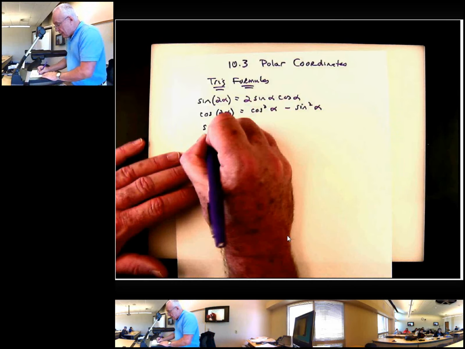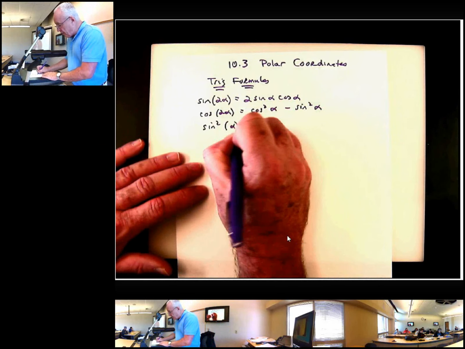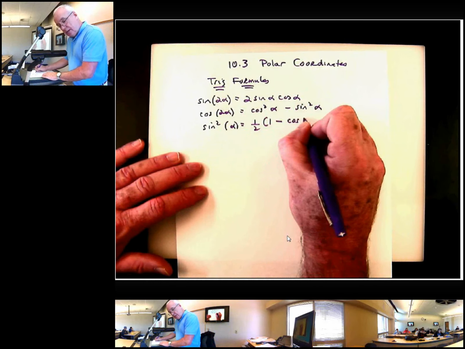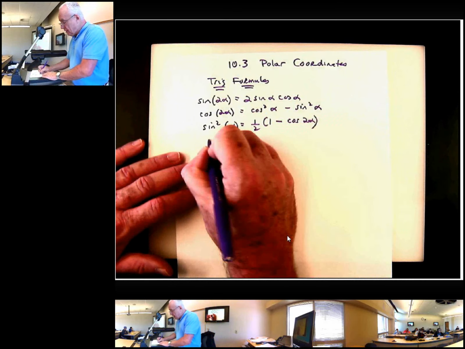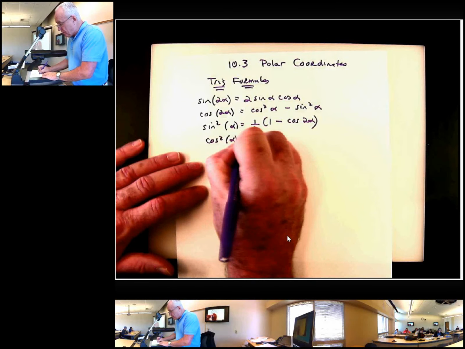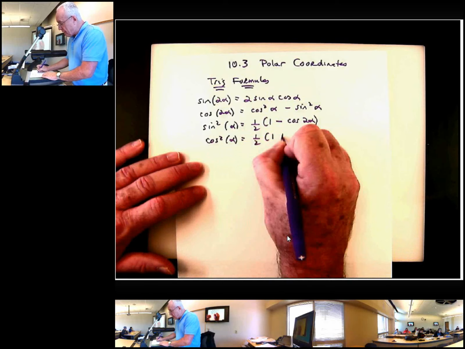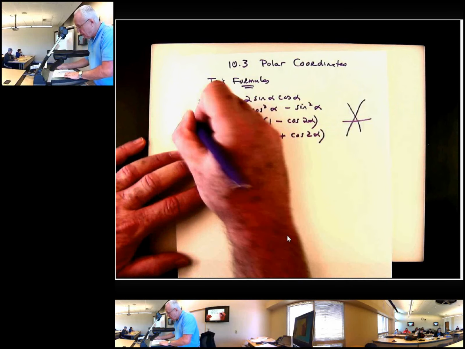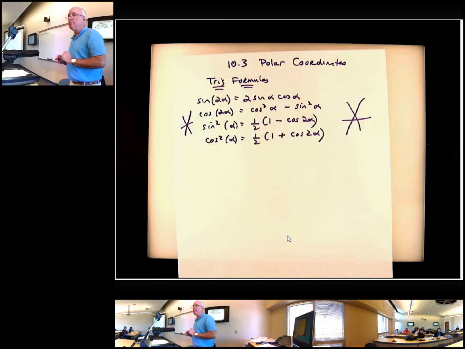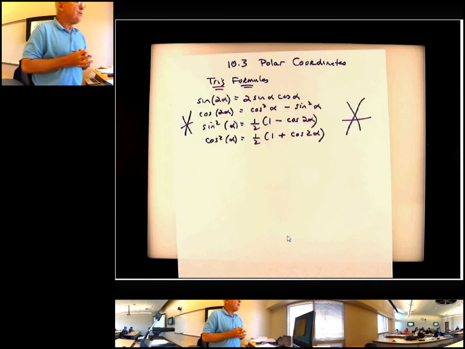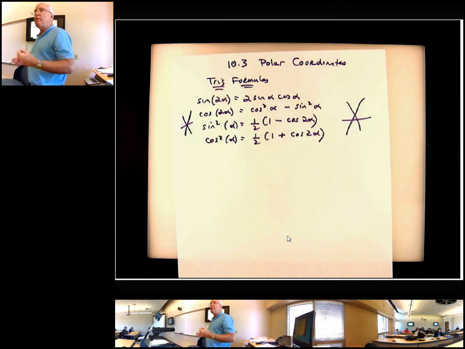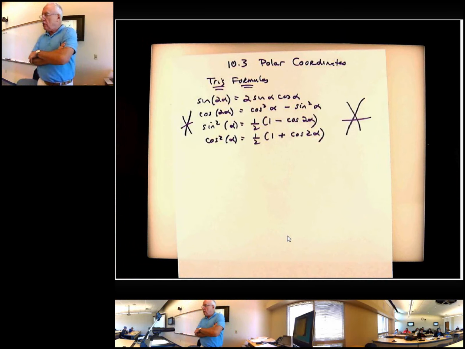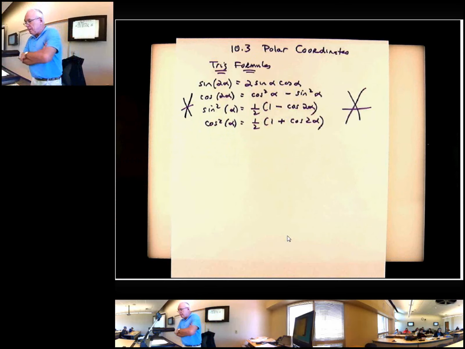Then the sine squared of alpha is 1/2 times 1 minus the cosine of 2 alpha. And then finally, the cosine squared of alpha is 1/2 times 1 plus the cosine of 2 alpha. All right. Because you'll need those formulas to simplify things for antiderivatives. Okay. So we want to make sure we remember those trig formulas.